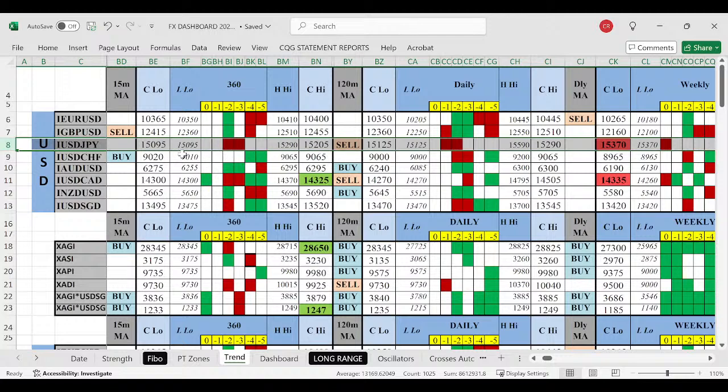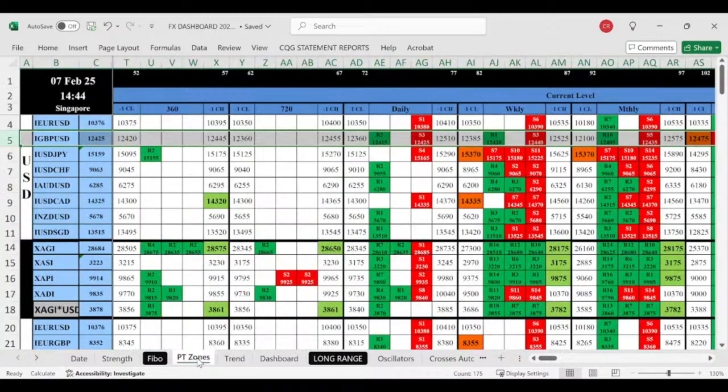So the information gathered today is, okay, market broke yesterday's low, and I think right now we are seeing a failure on the low, and we should see the price pulling back towards 15205. Okay, so this is the information I've gathered from the trend map.